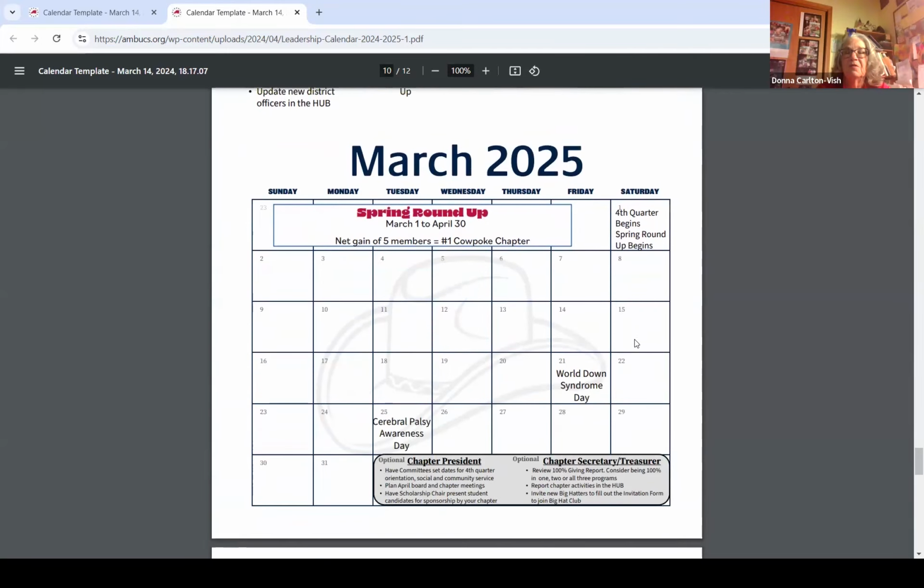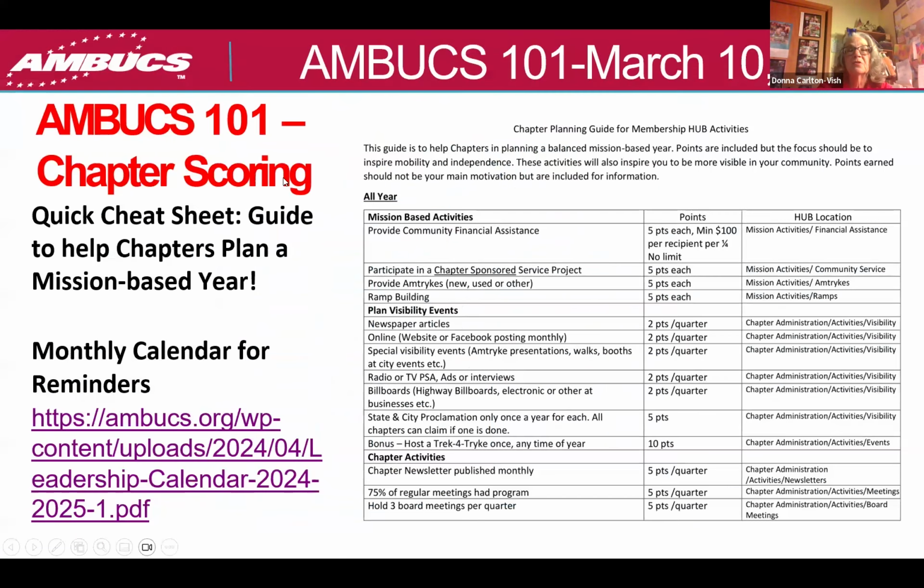And this 135, 136 is one of the strong components for National AMBUCS, still remaining a 501c3 and to get more grants that we want to apply for at the national level.